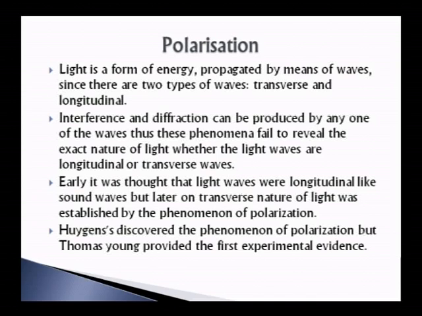Now we want to polarize the light, so we require certain crystals. What is the idea of how that crystal can polarize the light? Now there is a crystal called calcite crystals.